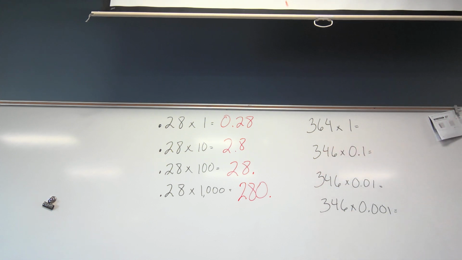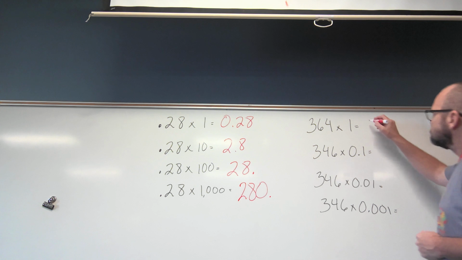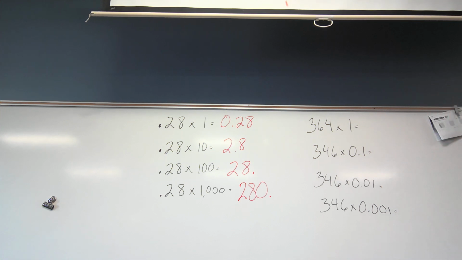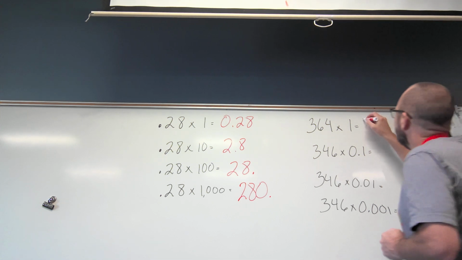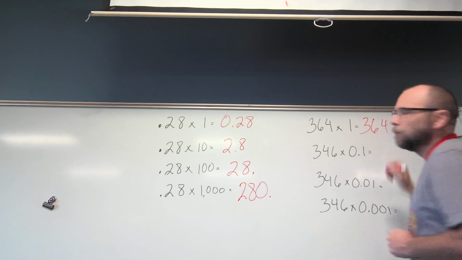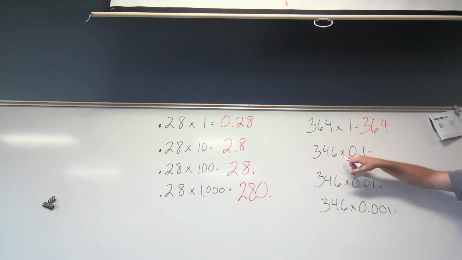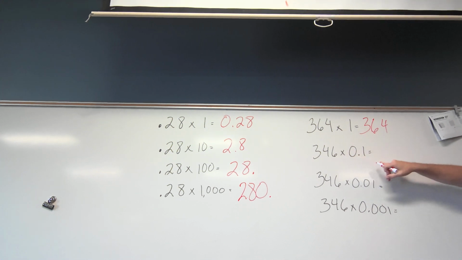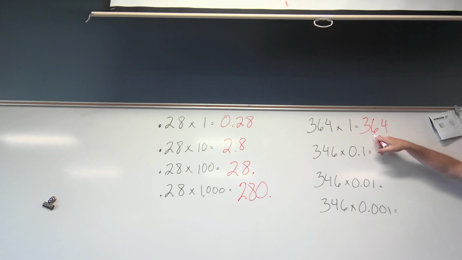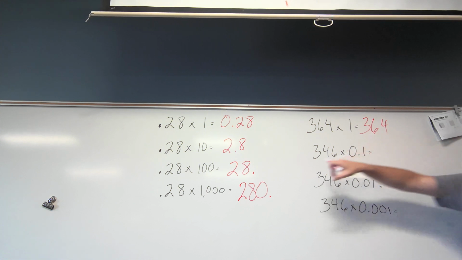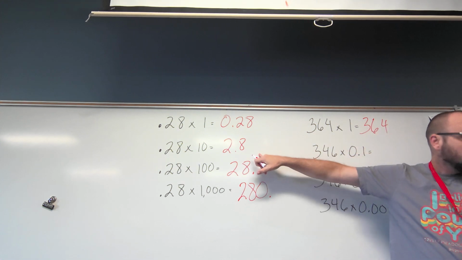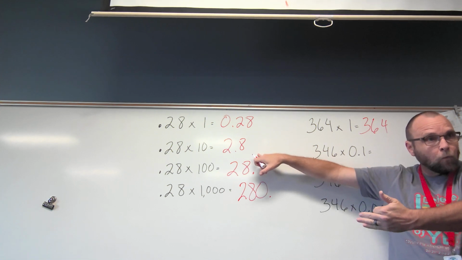Well, let's take 346 times 1, which is obviously 346. Whew. I was worried we were going to have to go all the way back to the beginning. Now, if I'm multiplying by 1, it stays the same. If I'm multiplying by greater than 1, my number gets bigger than what it was.